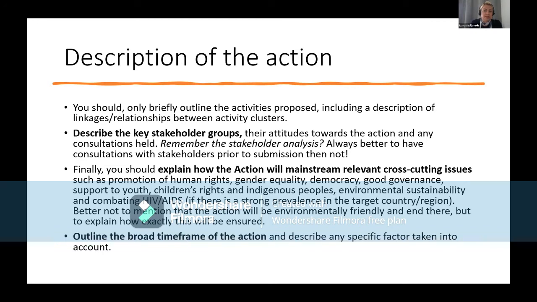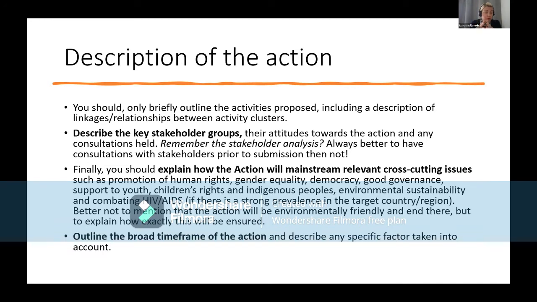And it is good to have consultations with identified stakeholder groups. If you had such consultations, you should certainly include this information, what the results were, and how you incorporated it in the action that you are proposing.